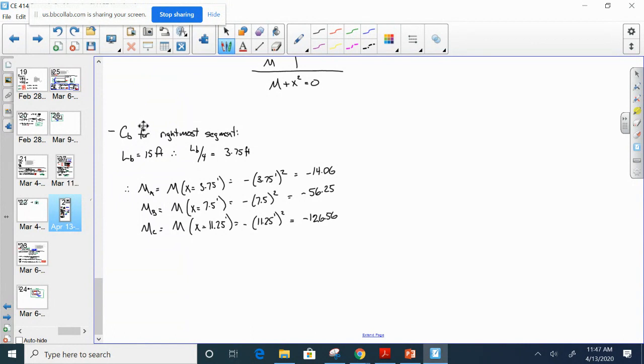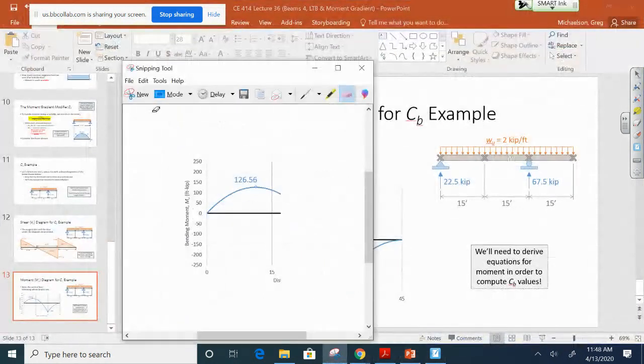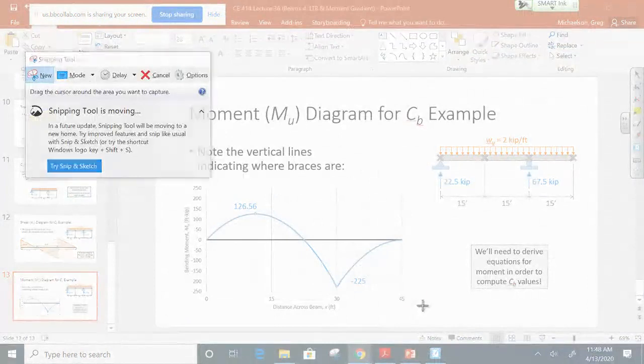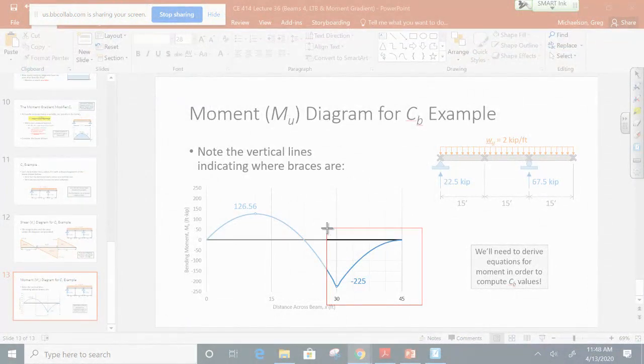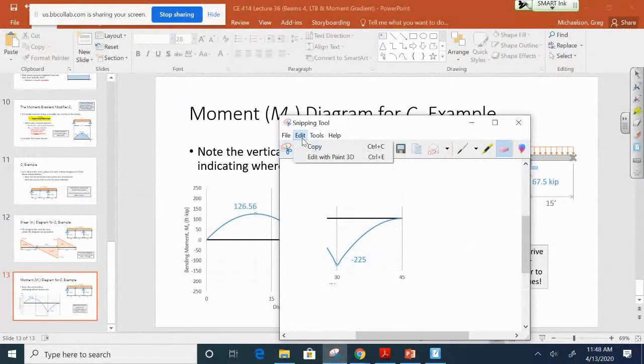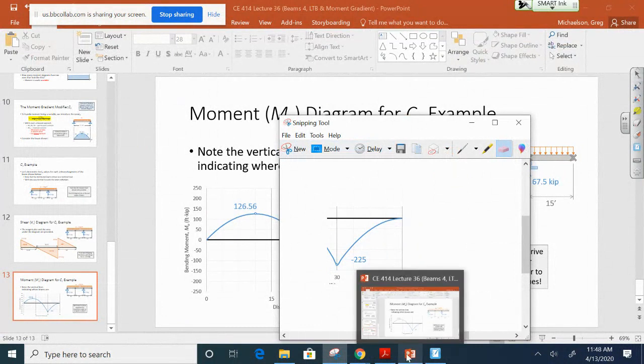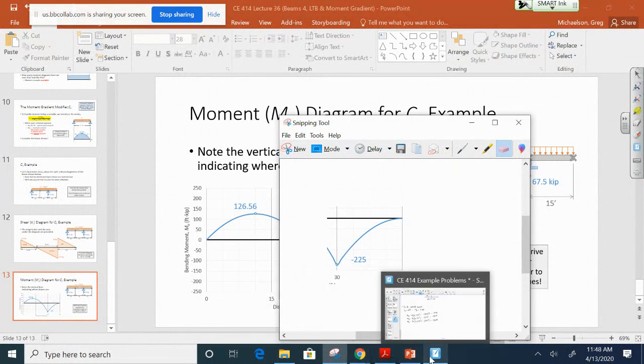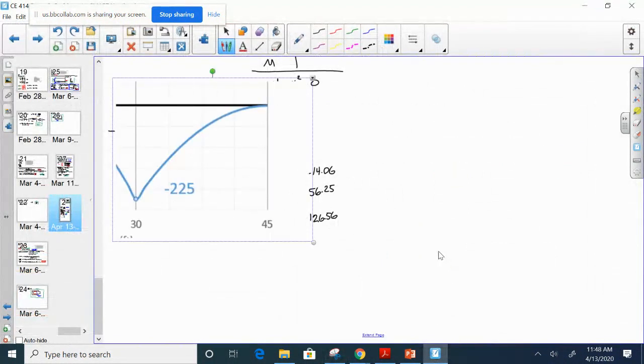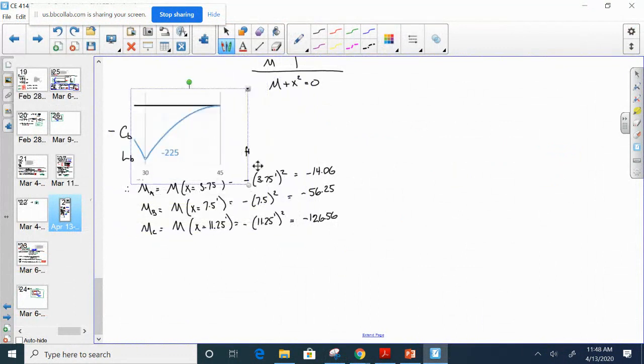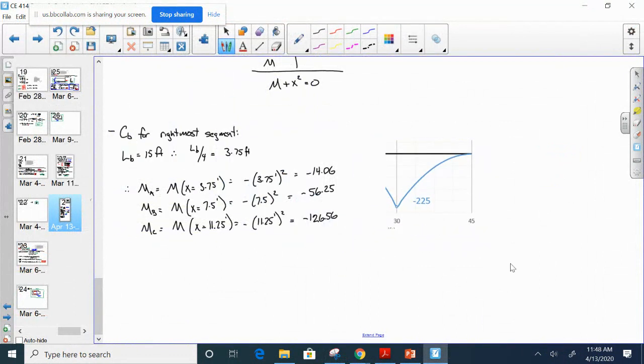Okay. And just so everybody sees where these values are coming from, we're talking about this segment right here. We're talking about this value, and this value.